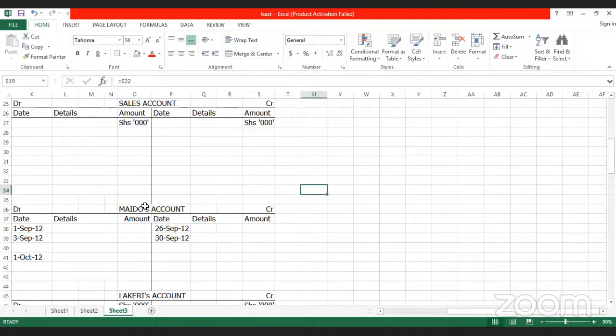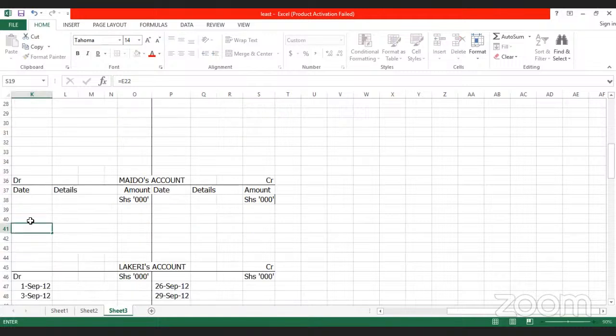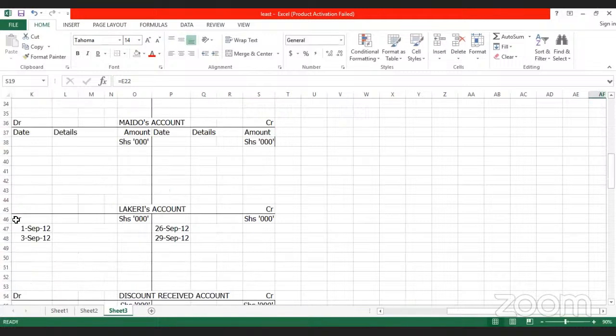I need Maido's account. Then I also need Lakiri's account. There are 3 accounts: sales, Maido, and Lakiri.